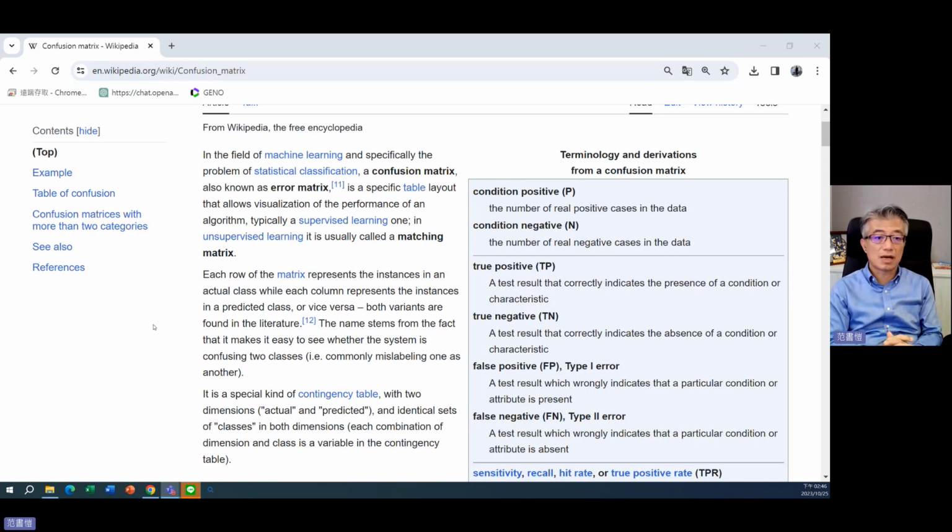So actually we can check the correctness or incorrectness, and vice versa.